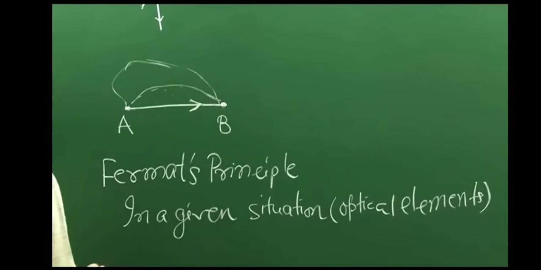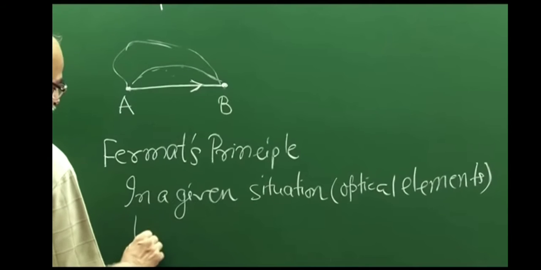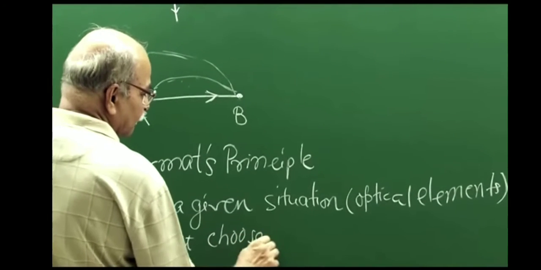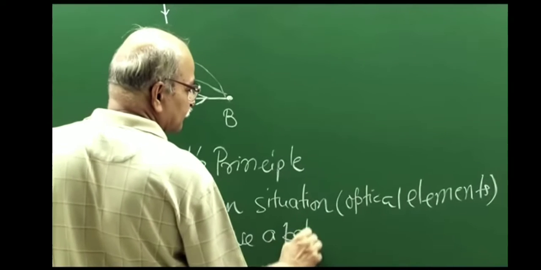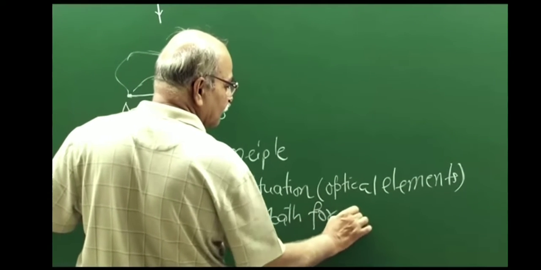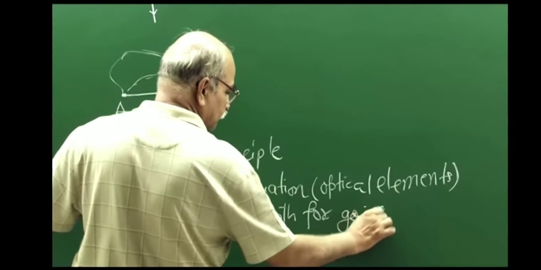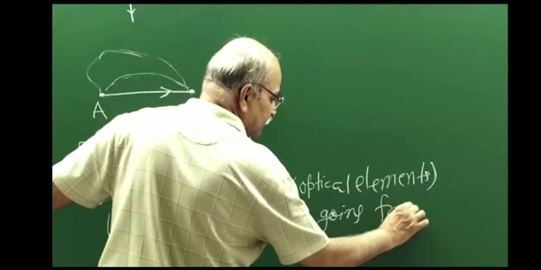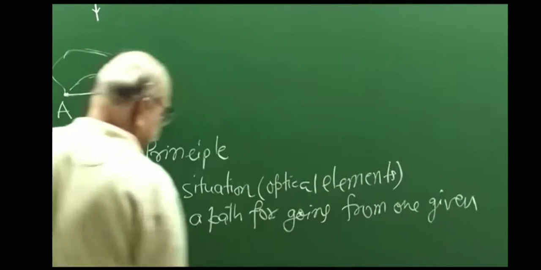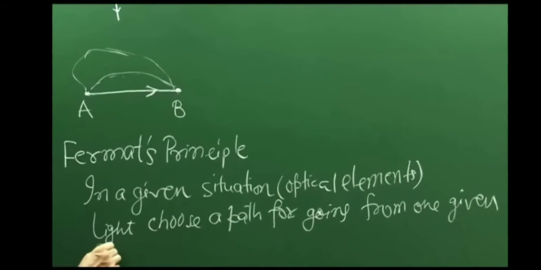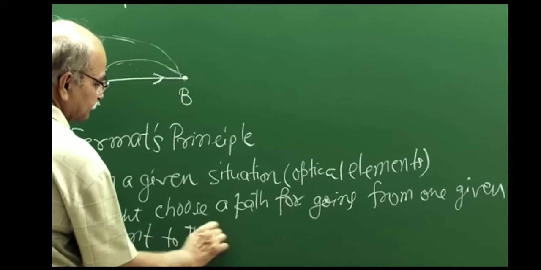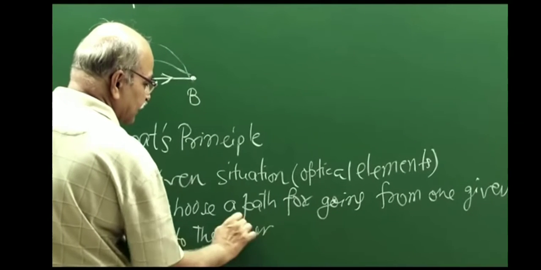So in a given situation, light chooses a path for going from one given point to the other given point.